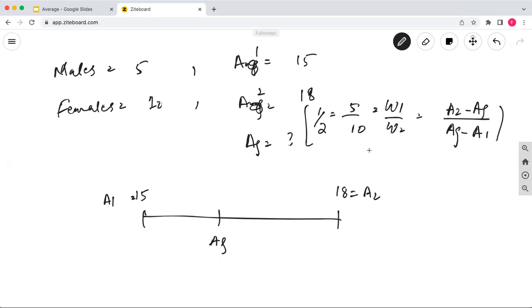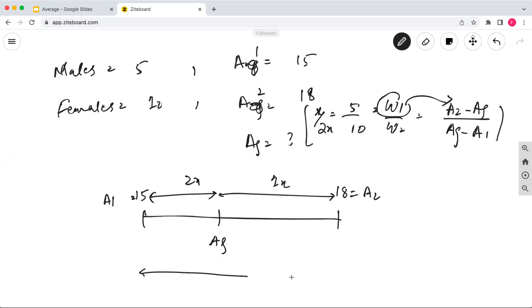Yes, 1 by 2. Now, just tell me one thing, which I told you earlier, that W1 is related to this, right? So this part will be 1x and this part will be 2x. See, 1 multiplied with x is x, and 2x.